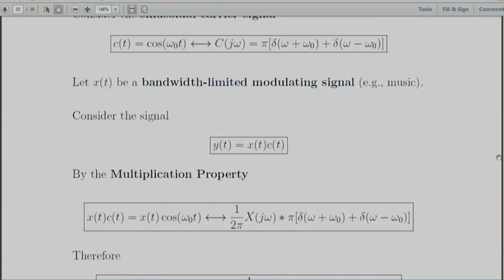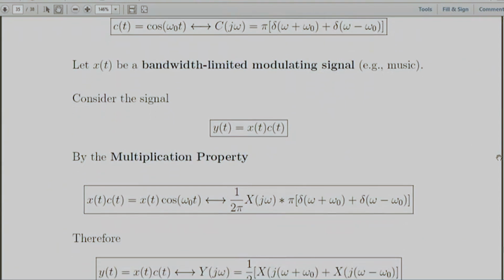And what the multiplication property tells us is that the transform of that modulated signal, which is x of t c of t, or x of t cosine omega naught t, is going to become 1 over 2 pi times the convolution of X of j omega with the transform of the cosine.